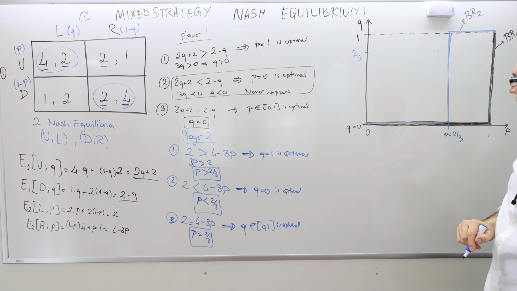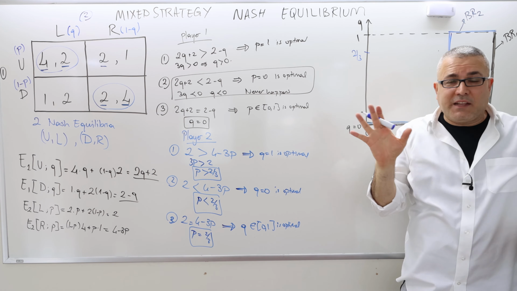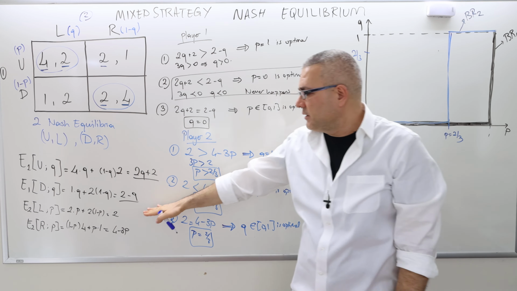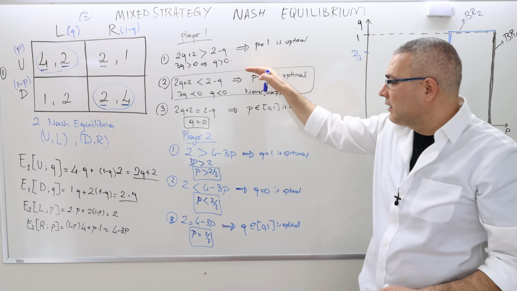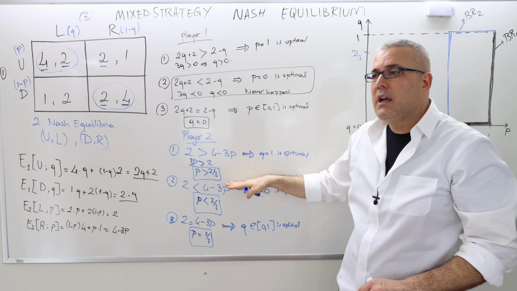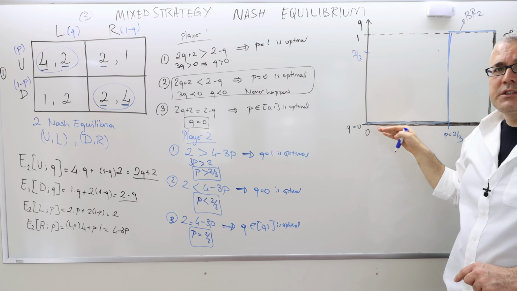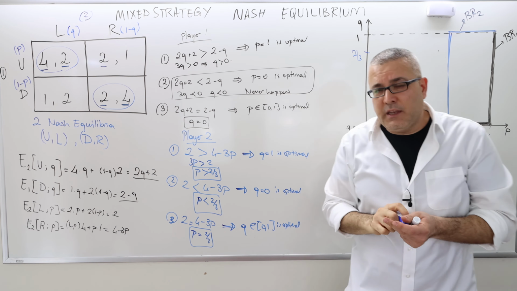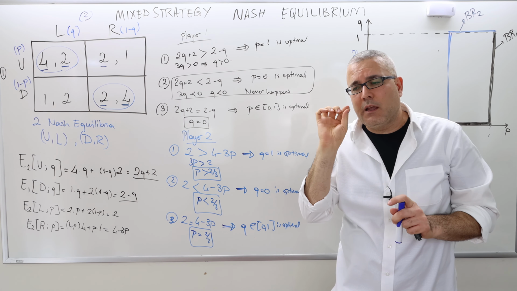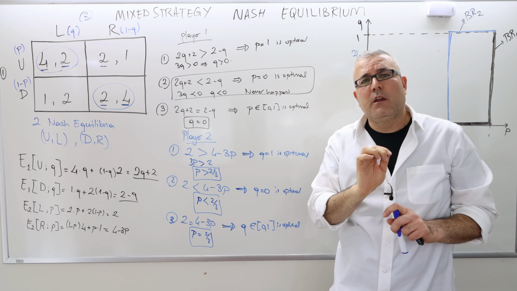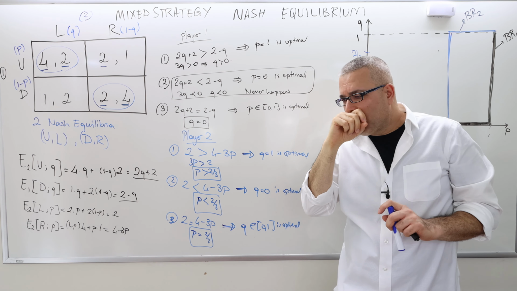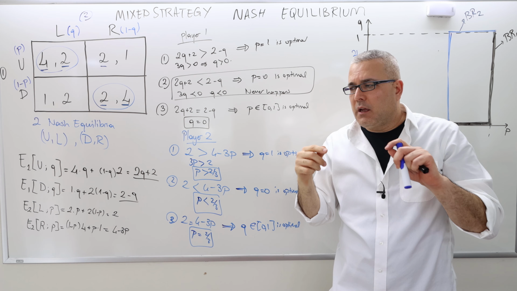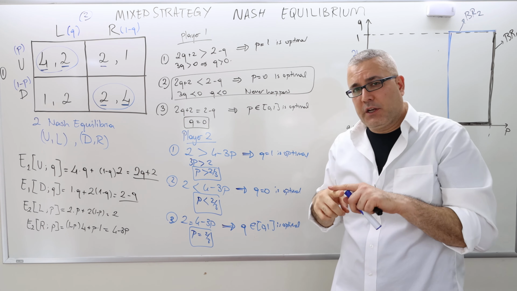So here, remember, I calculated the expected payoff of each player, I calculated the best response functions, and then I drew the best response functions. Now, I need to find the intersection points of these best response functions.